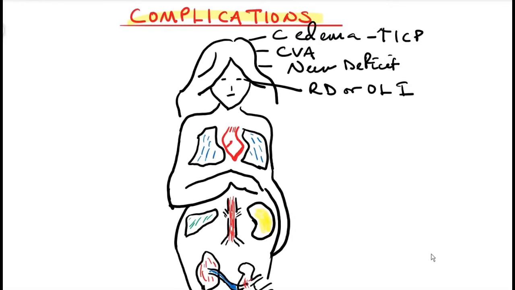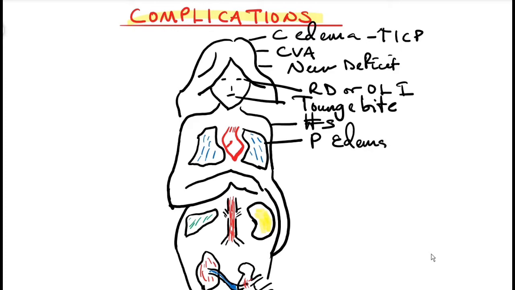You can get injuries from the convulsions like tongue bite, fractures. In the respiratory system, you can get a pulmonary edema, pulmonary embolism, acute respiratory distress syndrome, or pneumonia. The pneumonia is due to aspiration pneumonia or hypostatic pneumonia.